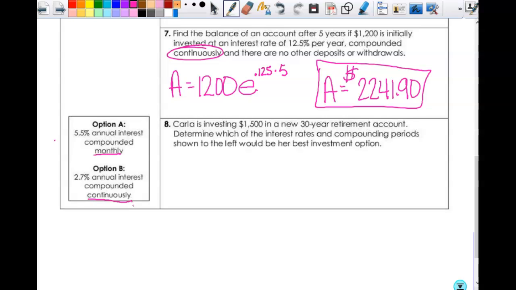So I want you to decide on your own. I'm not going to ask you what it is, and you don't have to tell anybody. You just think about it. I don't want you to calculate anything. Just pick A or B. Not yet. I just want you to pick it. Well, continuously, it never stops. It's infinite. So you pick one, circle it, you don't have to tell anybody.